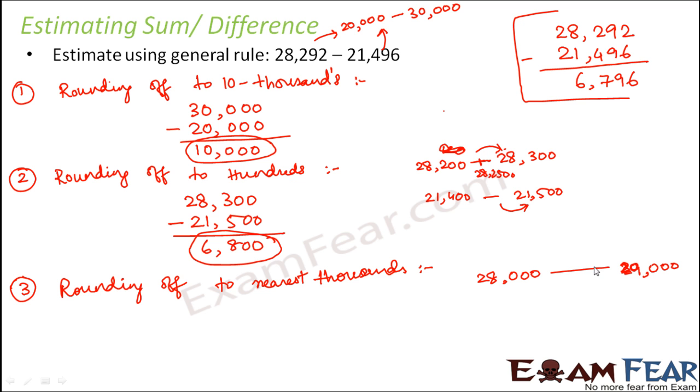This number is closer to 28,000, so you can approximate it as 28,000.